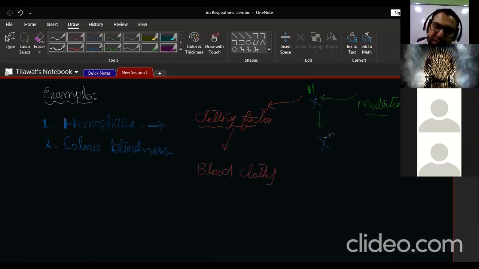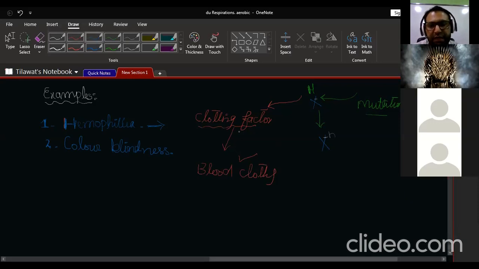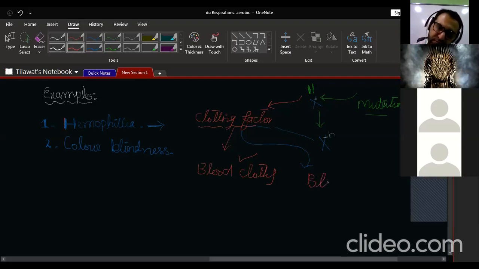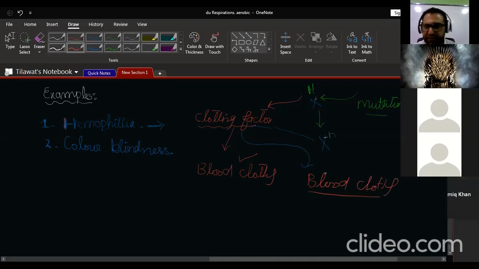If it is in mutated form, in the form of small h, then no blood clotting. Blood clotting means stopping the blood. After an injury, after some time your blood will stop. A clot will form, right? So that will not happen.